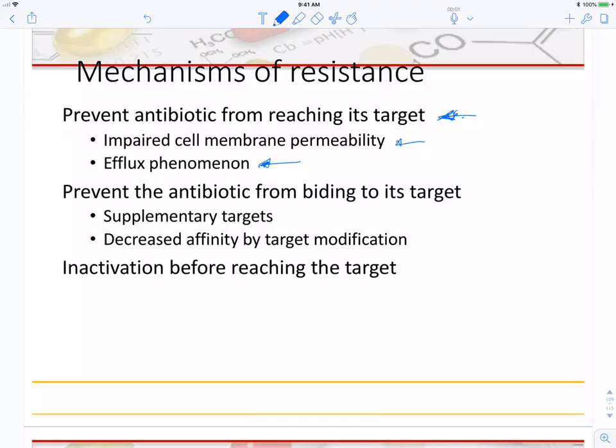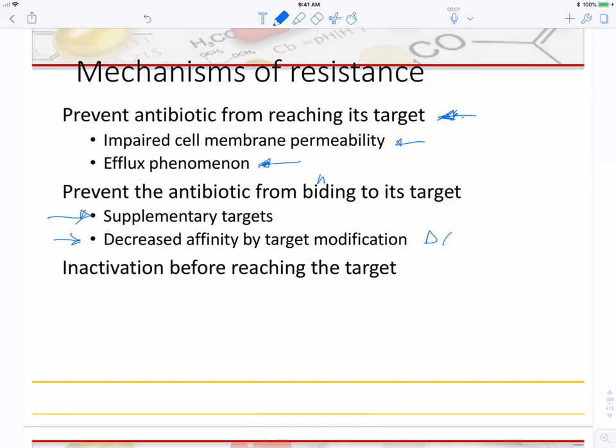We can also prevent an antibiotic from binding its target, and we can do that by expressing supplementary targets, overexpressing or producing more of the enzyme or the precursor that is targeted, or we can modify the target so that the activity decreases.